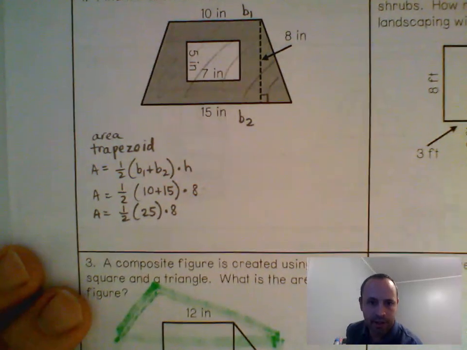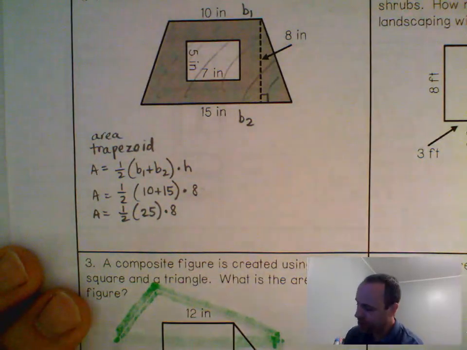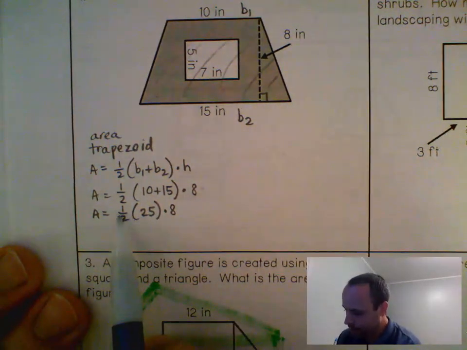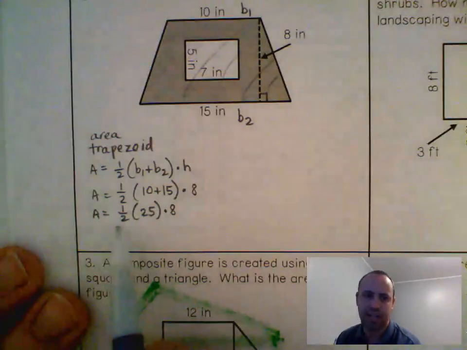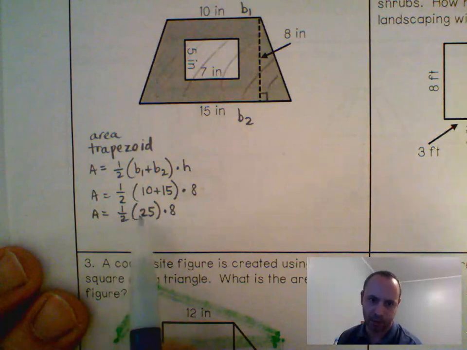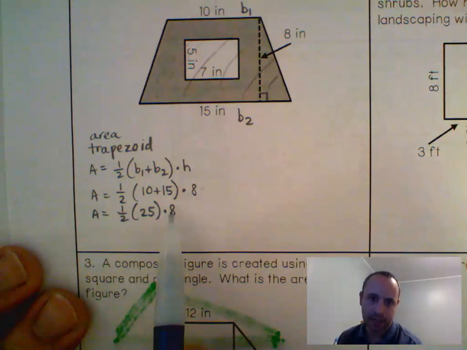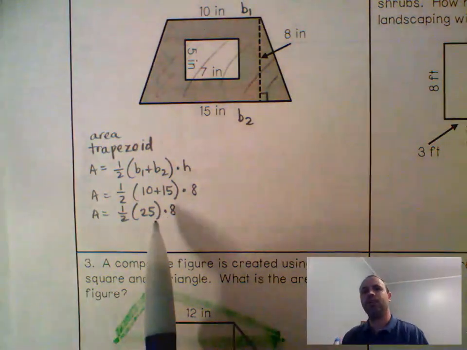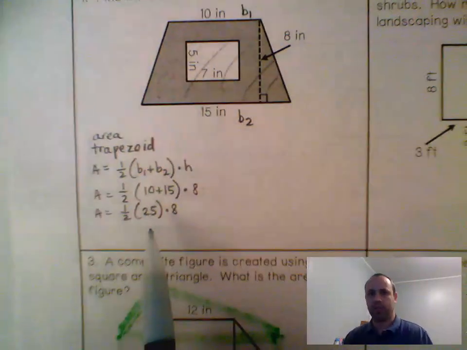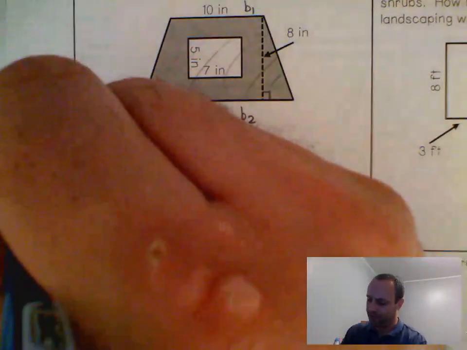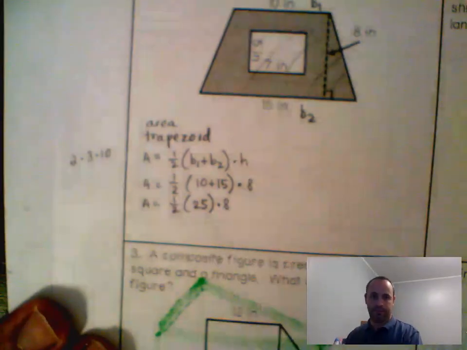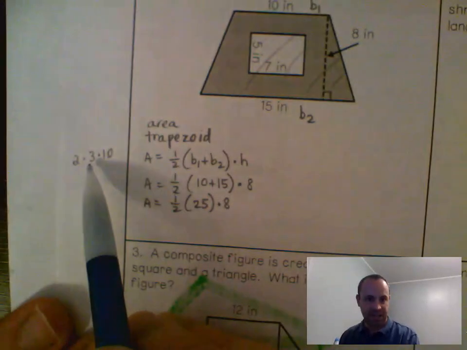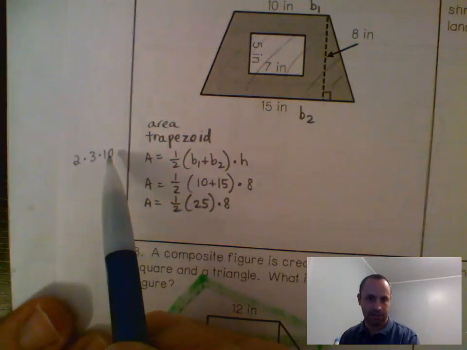Okay. And then I know a little trick here based on if this is 0.5 or 1/2. So if I just look at that as 0.5 for a second and I multiply and then multiply, there's a property called the commutative property of multiplication, where you can change the order. So for instance, if it's like 2 times 3 times 10, well, 2 times 3 is 6, and 6 times 10 is 60, right?